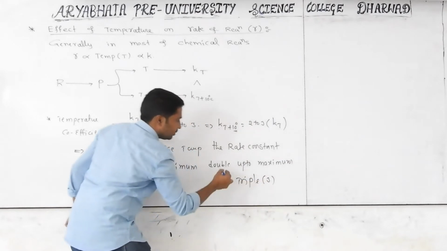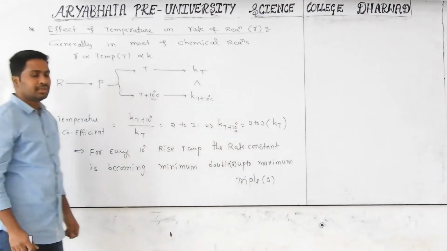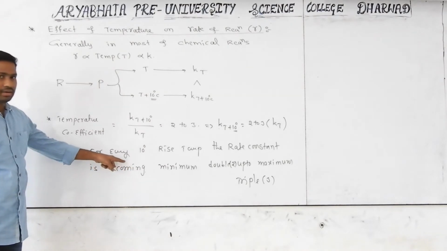Triple means 3, double means its value is minimum double. So this is the statement to use in calculations.